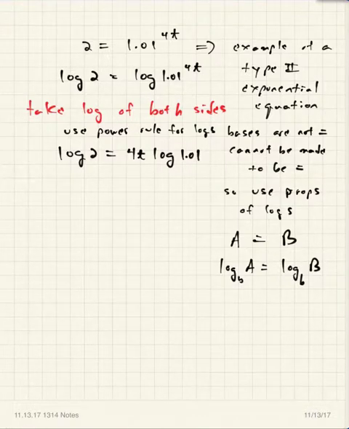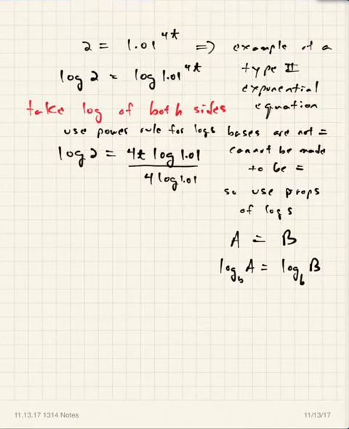Now I want you to notice that there are two factors over there with t. There's a 4 and a log of 1.01. The log of 1.01 is a constant, just like the 4 is. And so what I'm going to do is divide this side of the equation by 4 log of 1.01.